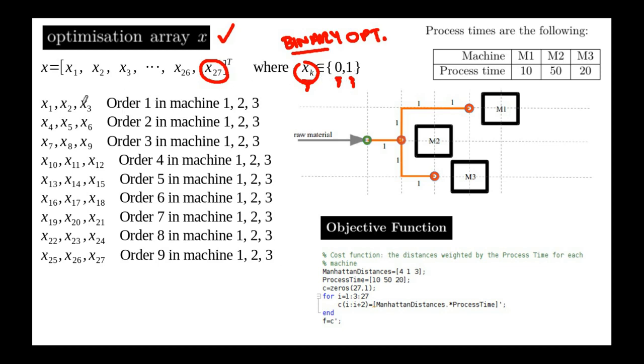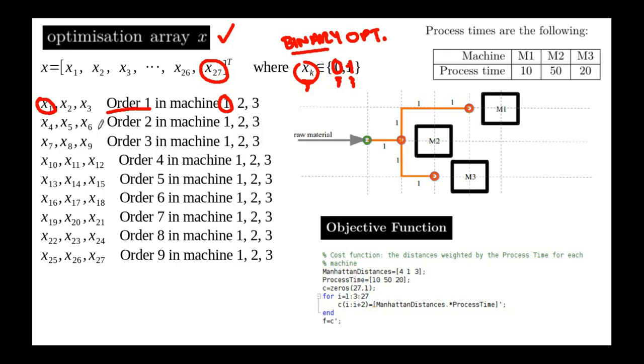And what's the meaning of every X within this optimization array? Let's have a look first at X1. X1 means order number 1 processed in machine number 1. We don't know if this x1 will be false or true at the end of the problem.